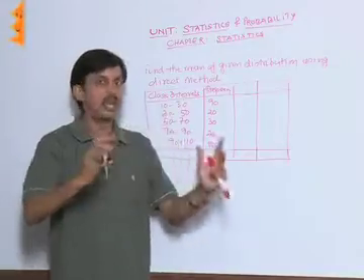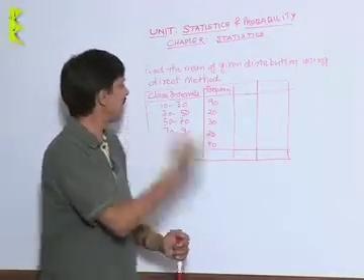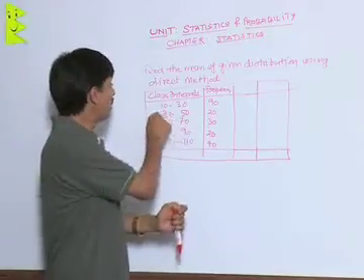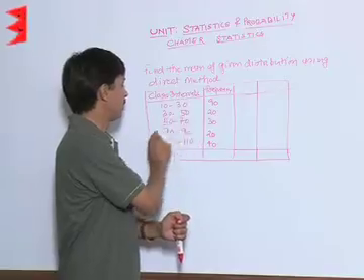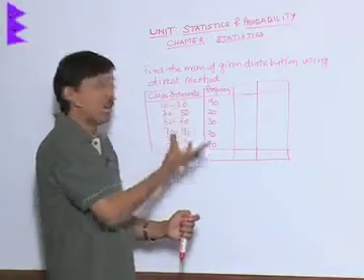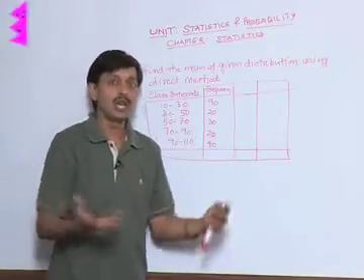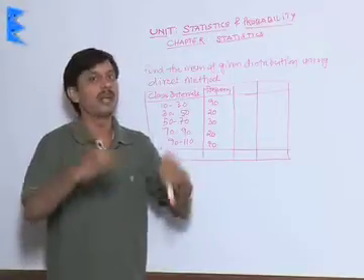If the data is so big, to make it smaller we group it, like 10 to 30, 30 to 50, 50 to 70, 70 to 90, 90 to 110. These may be information about the sale of some item in different shops or at any place.